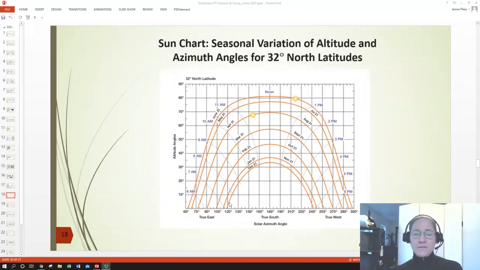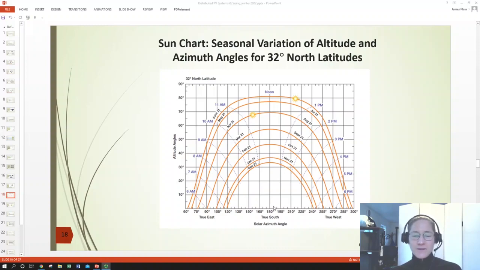So for a given latitude, location, season, and time of day, you can look up what are called sun charts to get an idea of where east-west the sun will be swinging. The x-axis is literally a kind of flattened-out compass, looking around the different degrees of compass.